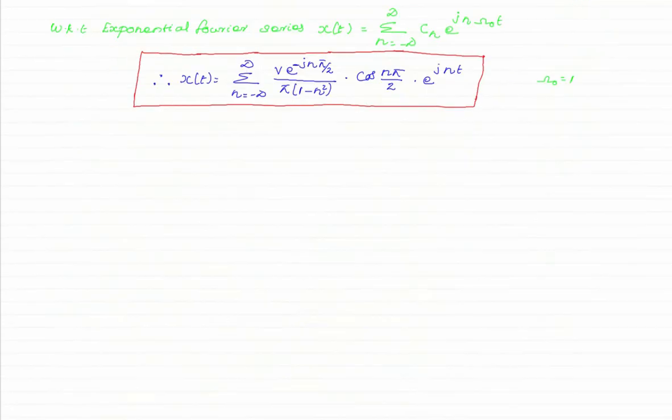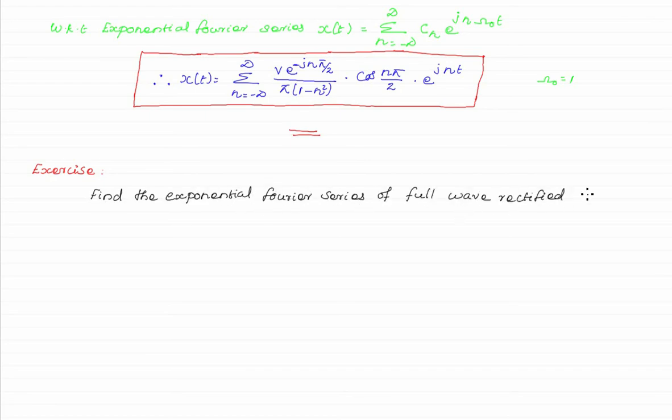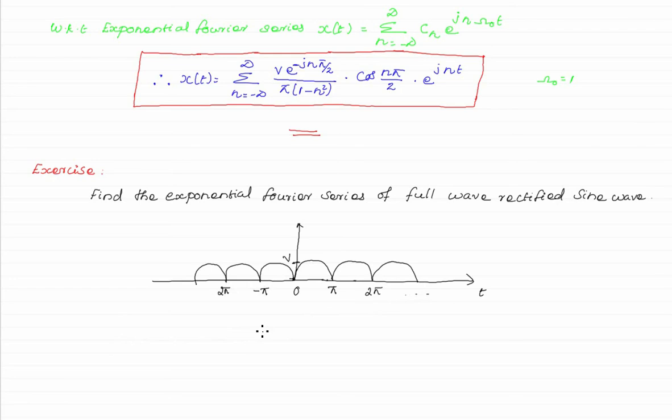Next, students can do one exercise problem based on this exponential Fourier series. That is, find the exponential Fourier series representation of a full wave rectified sine wave. Here the maximum amplitude is V and T naught is equal to pi. The angular frequency omega naught is equal to 2 pi by T. Here T is equal to 2 times T naught.